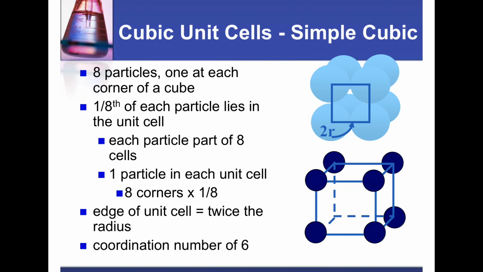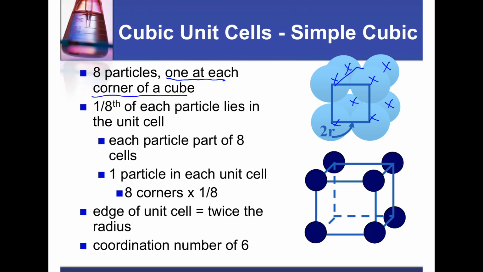So just to summarize simple cubic or primitive cubic cells, a simple cubic has 8 atoms. So these atoms here, 1 at each corner of a cube.